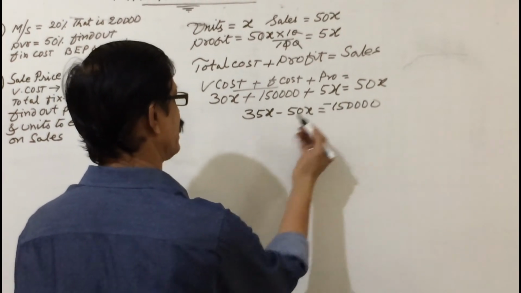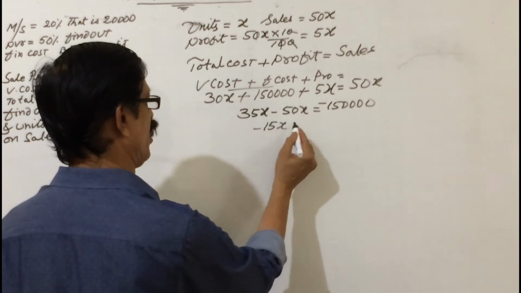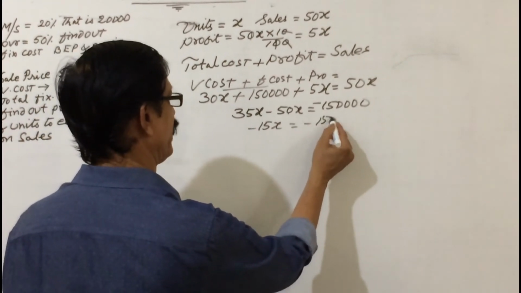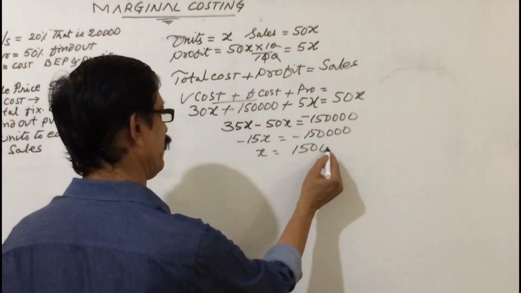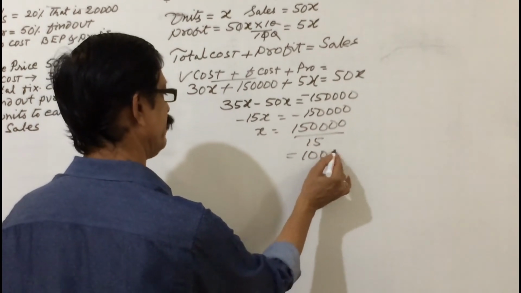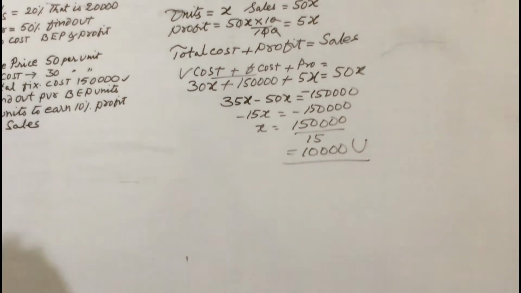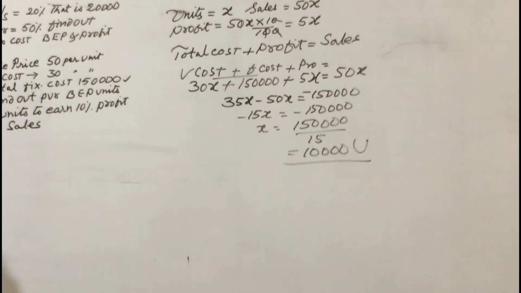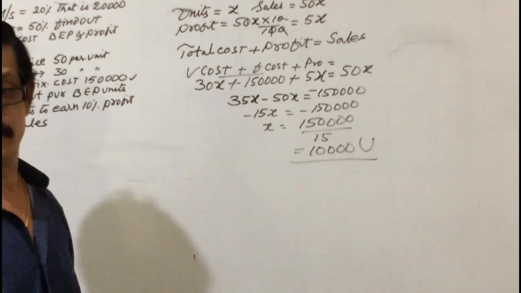This is also minus 50 plus 35, minus 15x is equal to minus 1,50,000. Therefore, x is equal to 1,50,000 divided by 15, that is equal to 10,000 units. Understand or not? Total cost plus profit is equal to sales.